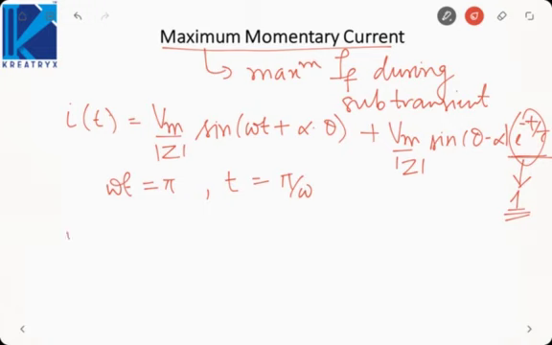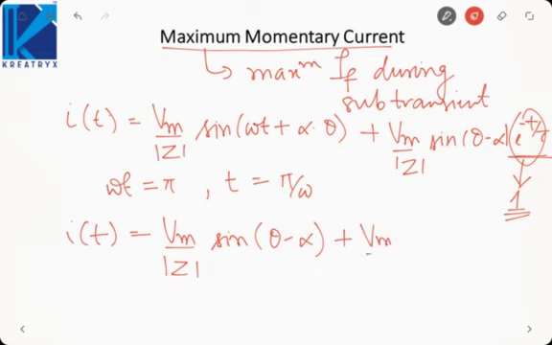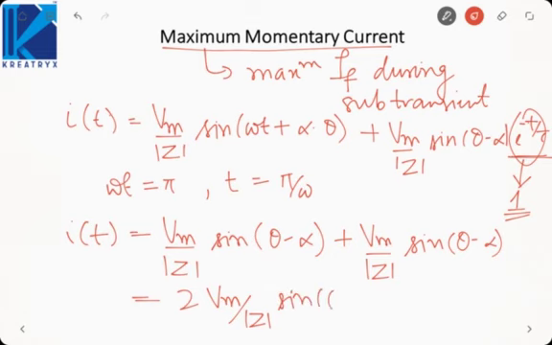So it will be Vm by mod Z sine of (pi plus alpha minus theta), which is minus sine of (alpha minus theta), so it will become sine of (theta minus alpha), plus Vm by mod Z sine (theta minus alpha). So it will become 2 Vm by mod Z sine (theta minus alpha).